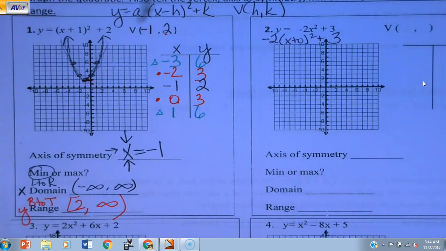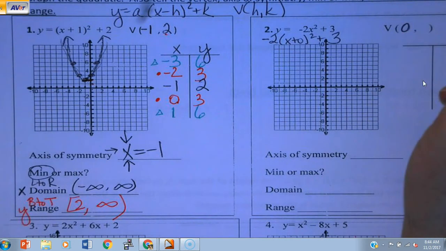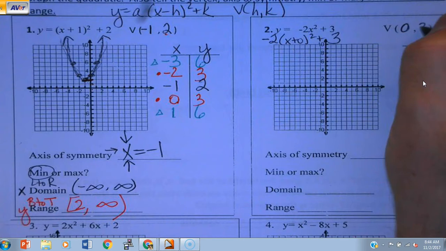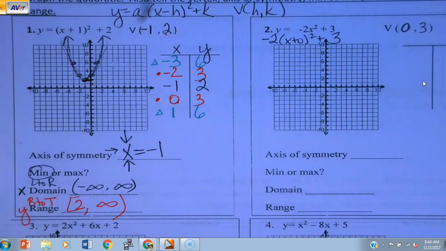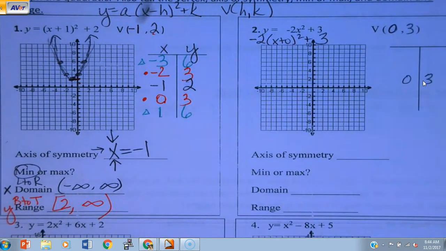If you don't see parentheses there, all I'm going to do is put a 0 into that spot. So if I don't want to write it out that way, if I don't see parentheses, I just know my x value is going to be 0. And then I still get my 3 from that outer part. Either way works. I got my 0 and my 3.